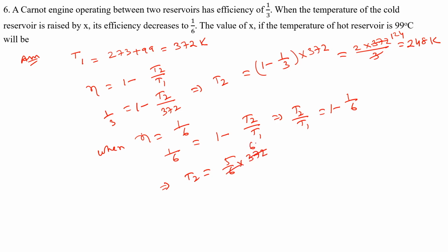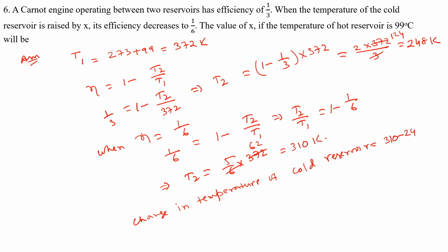So, we get 310 K. So, change in temperature of cold reservoir is 310 minus 248 K, so 62 K.